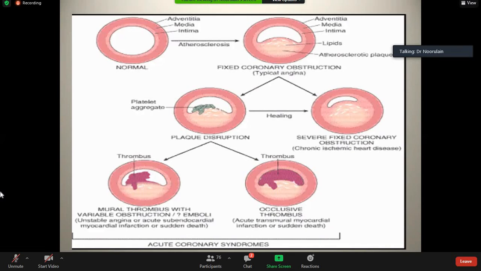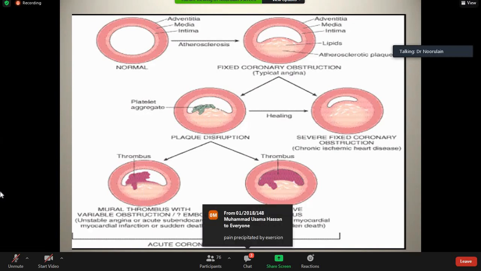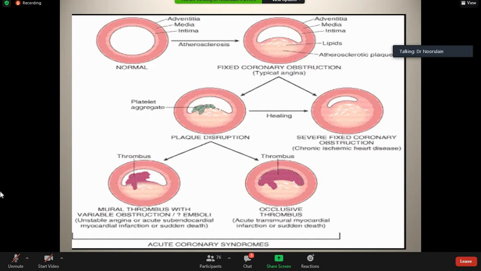Very good, Abrar, without exertion. It means it can occur at rest. No, Muhammad, when precipitated by the... I am confused, sorry.